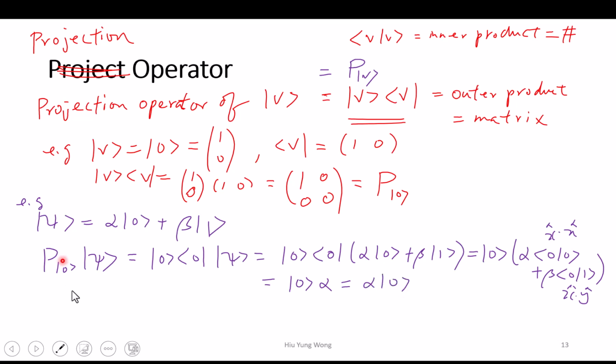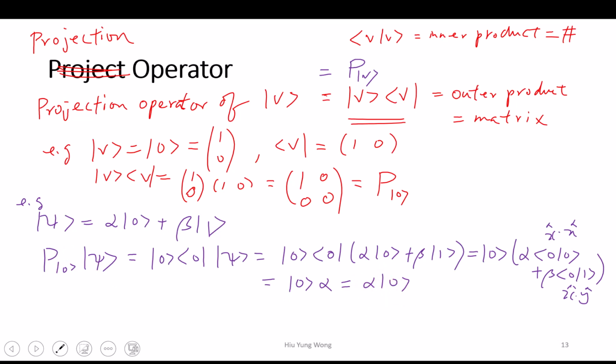You see that the projection operator takes out the component of the vector that we are interested in from the total vector. This total vector is an addition, like a vector addition of two components. By applying the projection operator, we get alpha |0>.